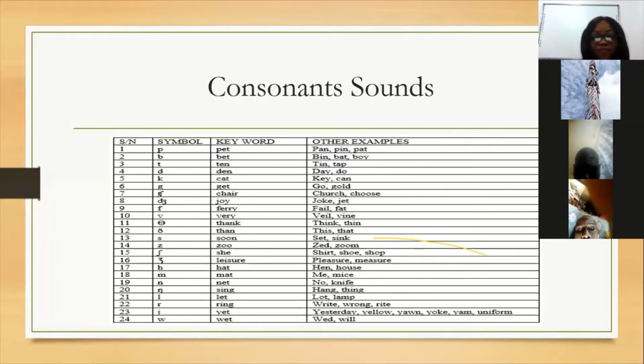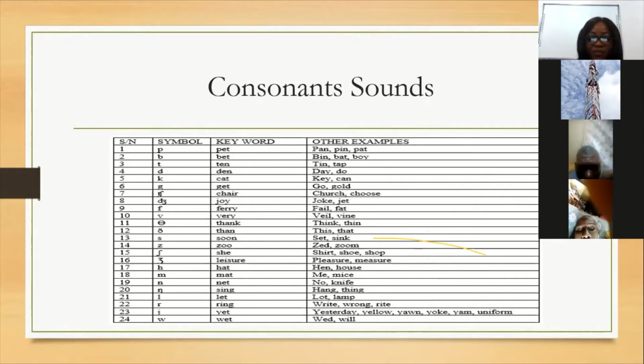And then you have the sound. We have consonant number 11 and consonant number 12 actually represented by the alphabet TH. And for us here, the closest sound to consonant number 11 is the T sound.